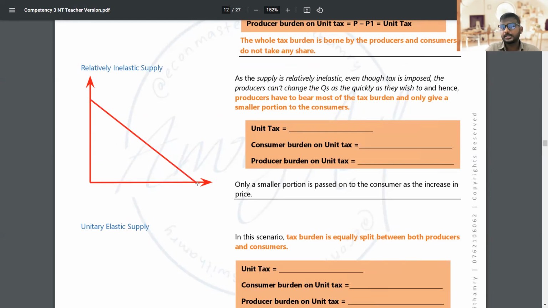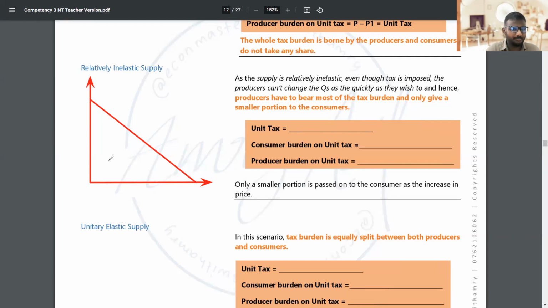But the supply curve you draw has to reflect the elasticity of supply. That means inelastic supply is what we have here. What would be the shape of the supply curve? Will it be completely flat? Will it be completely vertical? Or will it be flatter or relatively steeper?